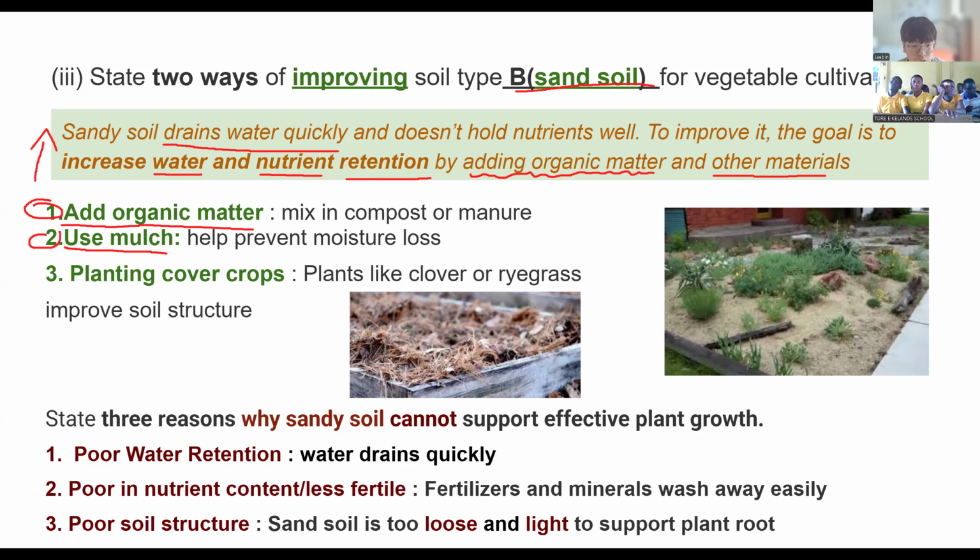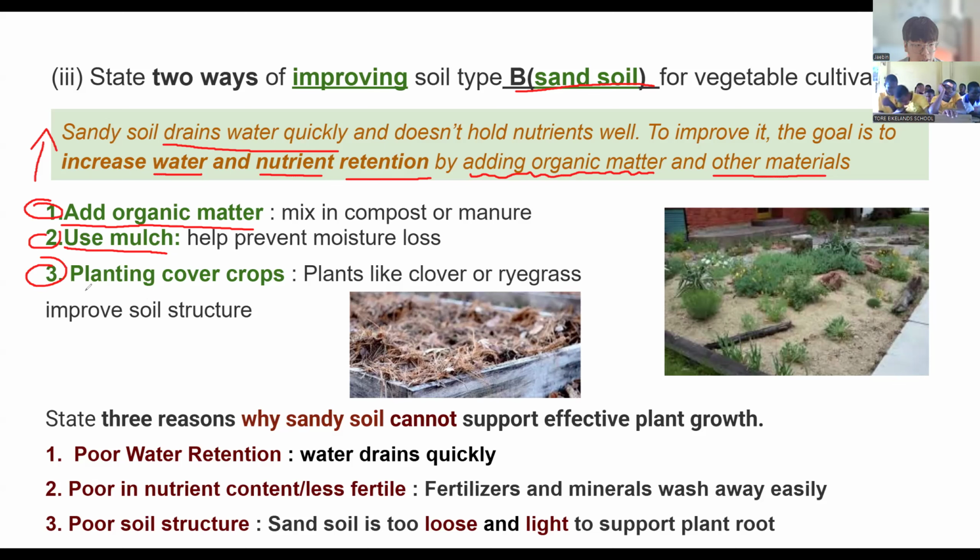So mulch is what is on top of the soil. So what you put on top of the soil, and it covers the sandy soil. So there will be less moisture evaporation. So it keeps the moisture in. That is how the mulch works.